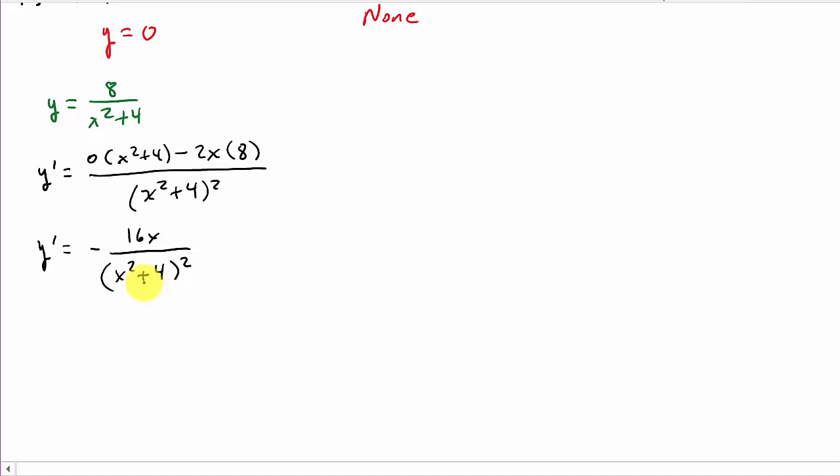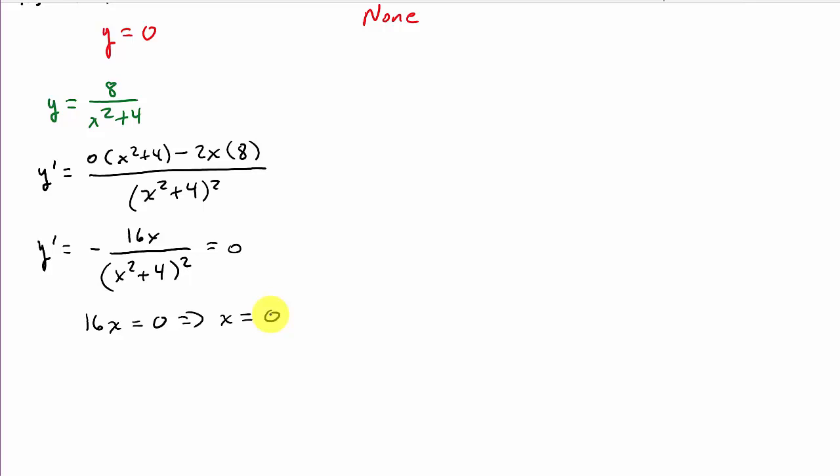But we don't have to worry about that on this problem, because this is not undefined anywhere, because that denominator will never be 0. So what we have to do is take this and set it equal to 0. And as we learned earlier, the only time that's 0 is when the numerator is 0. And so that is x equals 0. That's our critical number.